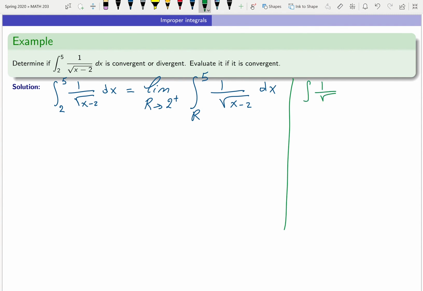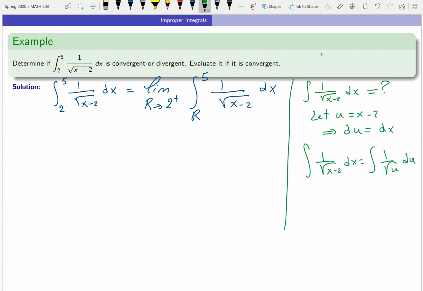So if I want to find this integral, I can let u be x minus 2. Then du is equal to dx. So my integral becomes integral 1 over radical u du. This is integral of u to the power negative 1/2 du, which is u to the power 1/2 over 1/2 plus constant, so this is 2 radical u plus constant.